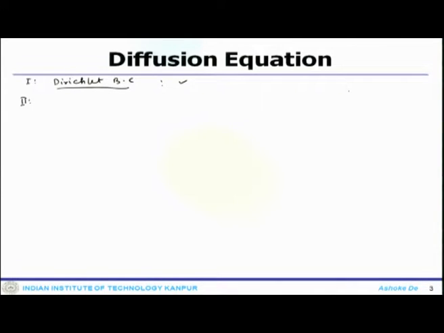Now, we will look at the second type of boundary condition, the Neumann boundary condition. If you look at that element, you can see how the Neumann boundary condition can be applied. So, this is my face, and this would be the boundary face.